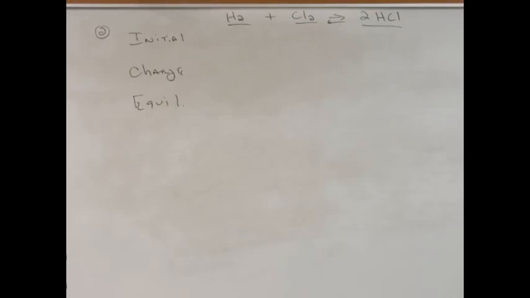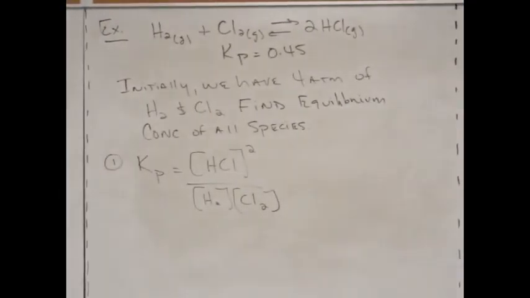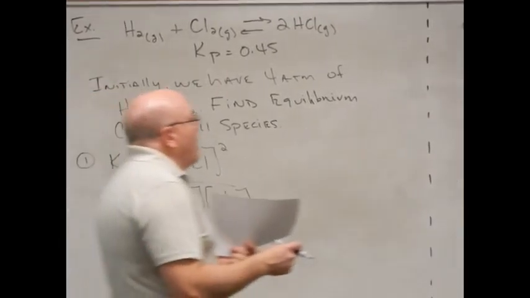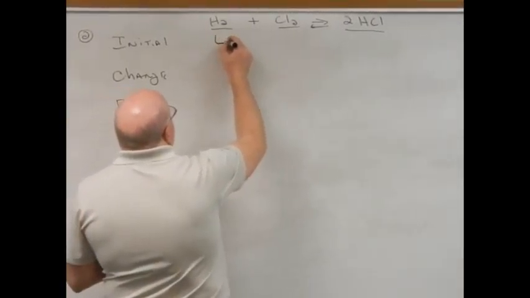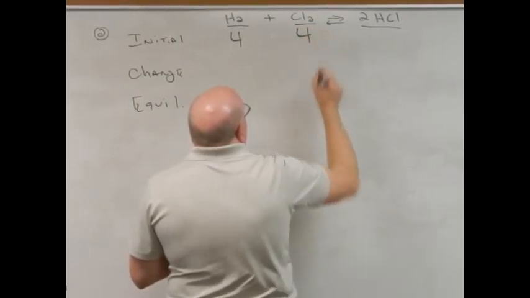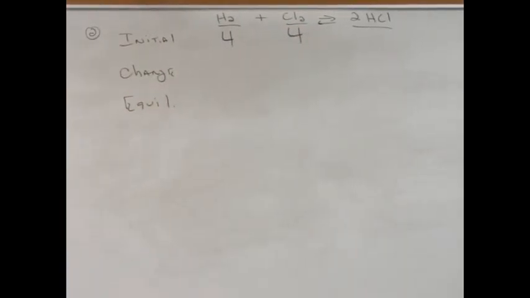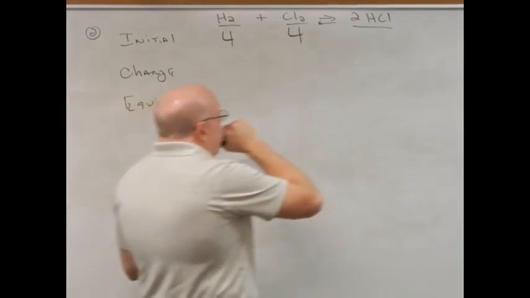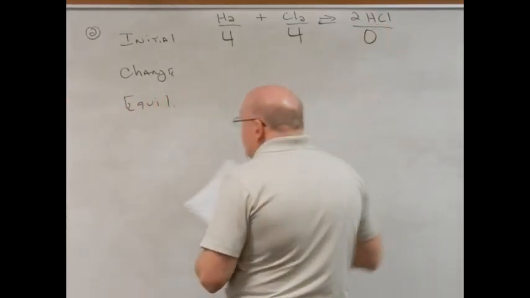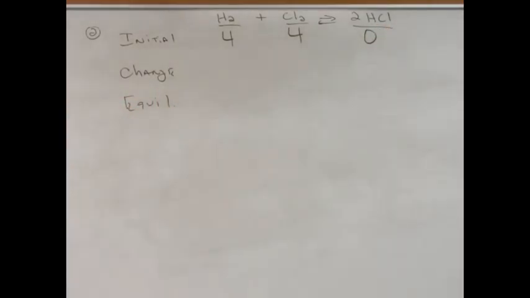We know the initial concentrations of the two gases, H2 and Cl2, are 4 atmospheres. We can assume that when the reaction started, none of the hydrochloric acid was present. Assuming that no product was present before the reaction started, so we'll put a 0 in this bracket. And that's where it ends. There's nothing else that they've told us.